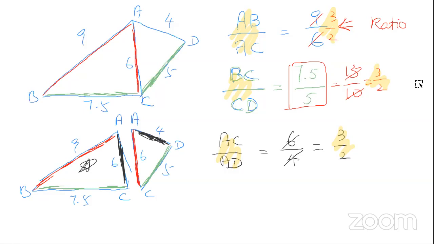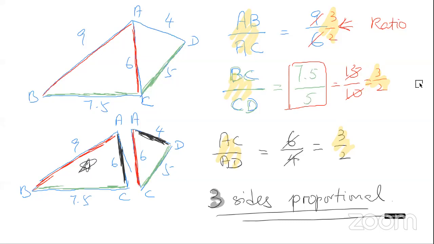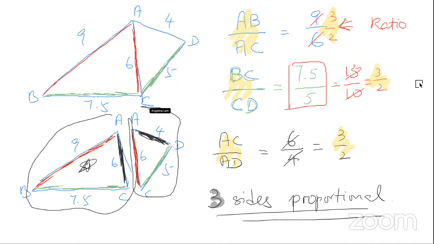Then in this case, we say that the three sides are proportional, or we just write it in short form. No need to care about the grammar. Three sides proportional. Then in this case, these two triangles are similar.